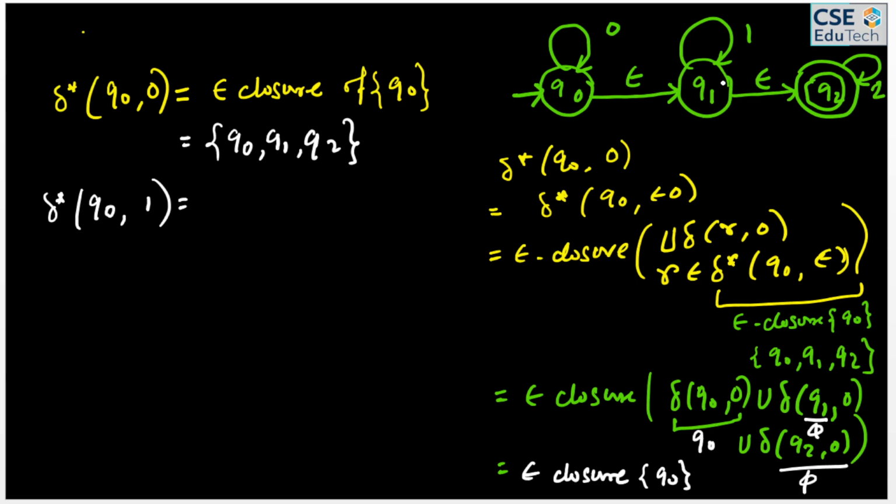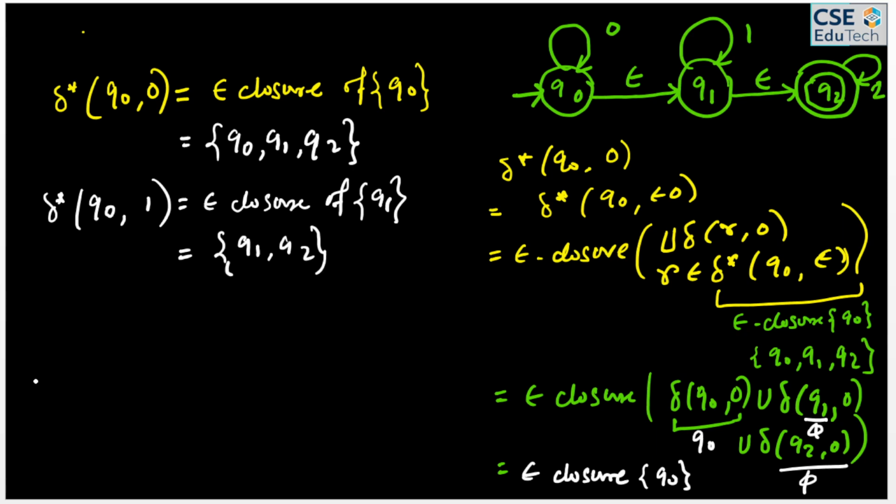So now what are the possible states that you can move to? We can write it that way, with epsilon before the 1. So through epsilon moves, we can go to Q1. One of the states will be Q1 and another state will be Q2, which is the epsilon closure of Q1. So it will be basically Q1 and Q2.